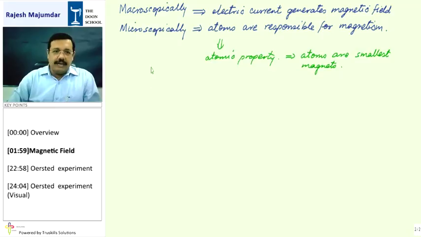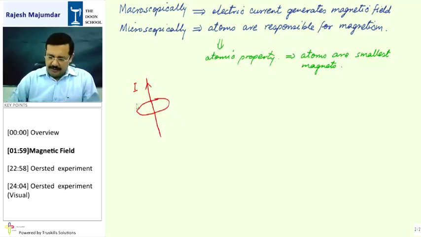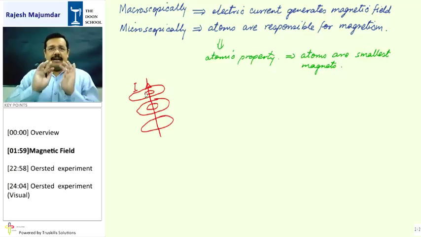For example, we can show that if there is a straight wire which has electric current passing through it, then around this wire there will be a magnetic field all around the wire. It is not at a small place. Everywhere there will be magnetism, and it is very interesting that the magnetic field surrounds the wire.